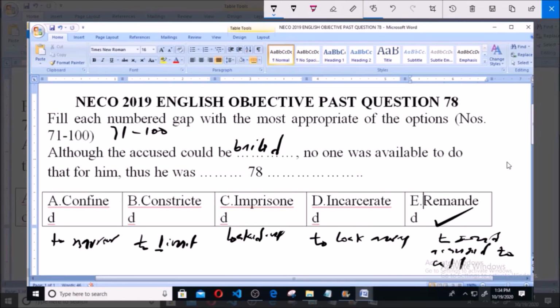So we can say although the accused could be bailed, no one was available to do that for him, thus he was remanded. So if there's nobody to bail him, he will remain in the custody of the police officer. So option E is correct.